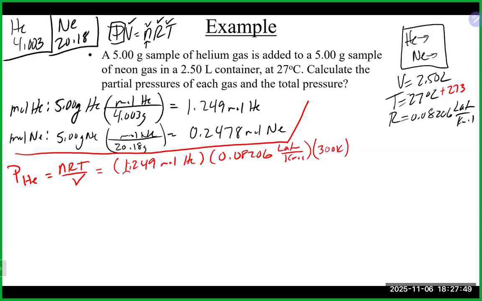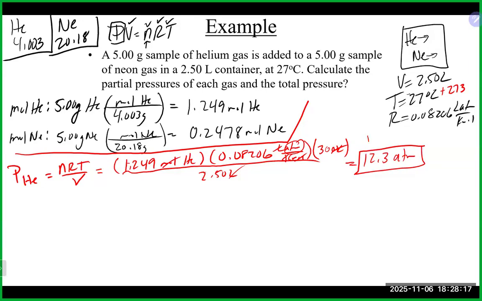All of that is divided by our volume, 2.5 liters. Moles cancel, Kelvin cancels, liters cancel, leaving atmospheres. That gives us 12.3 atmospheres. This number represents the partial pressure of helium in this case.